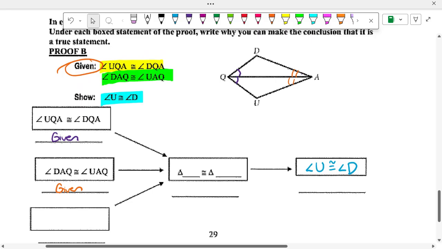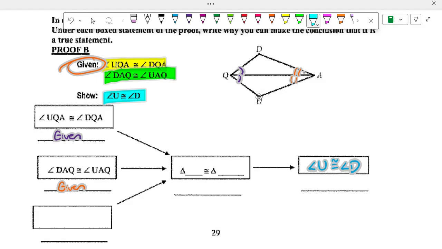Logically speaking, if I'm trying to prove that a piece of two different triangles are congruent, what would be my first step? I need to prove what first? My end goal is to prove that this angle right here is congruent to this angle here. So two different pieces of two different triangles, this triangle and this triangle.